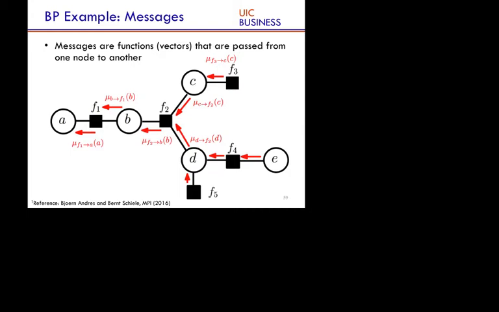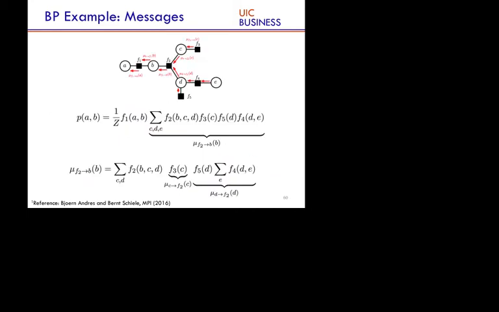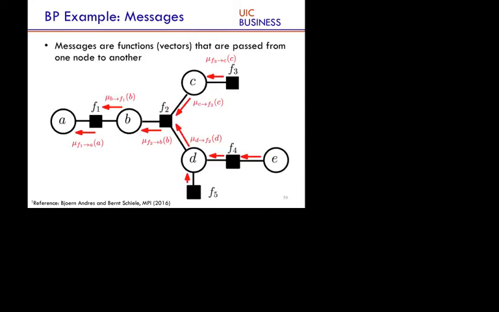Okay. So my question was, if I have to compute the marginal of another variable, then I should recompute all the messages? No, that's the niceness of this belief propagation algorithm. If you pick some node as root, let's say A, you pass all these messages in one direction, and then you pass the messages back to the leaf nodes.